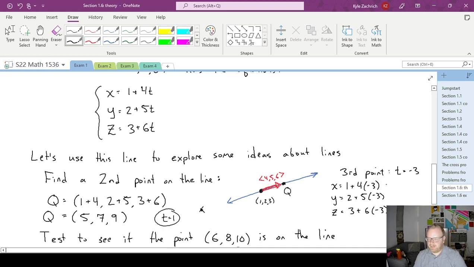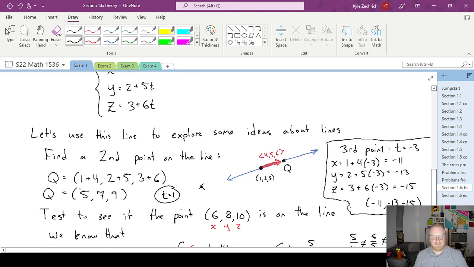So we would get, in this case, 1 minus 12, so -11, 2 minus 15, -13, and then 3 minus 18, which would be -15. So that point there would be -11, -13, -15, because that's our x, y, and z values. Okay, so just another path to come up with that point there.